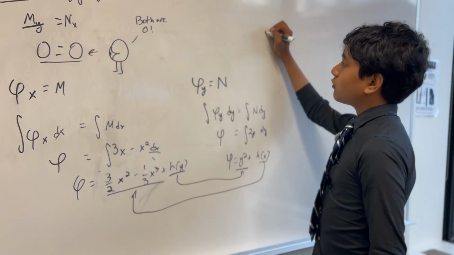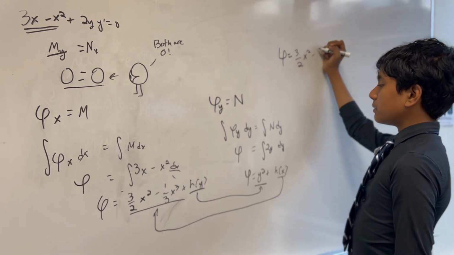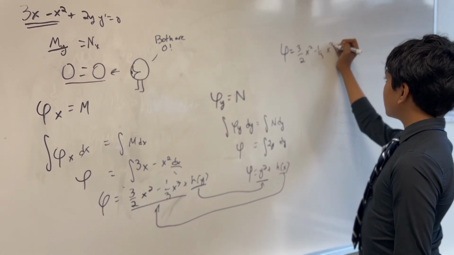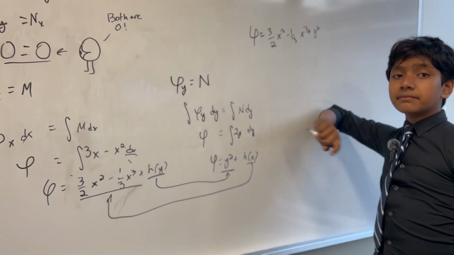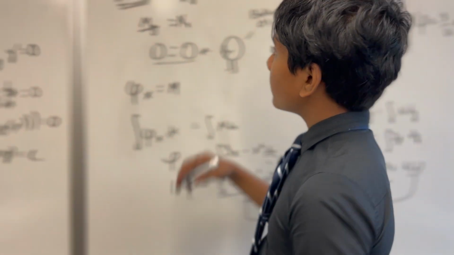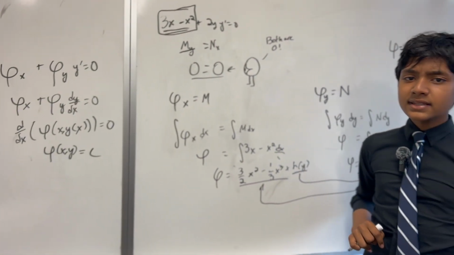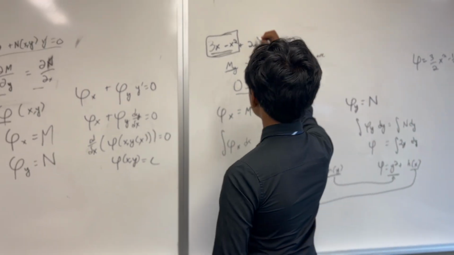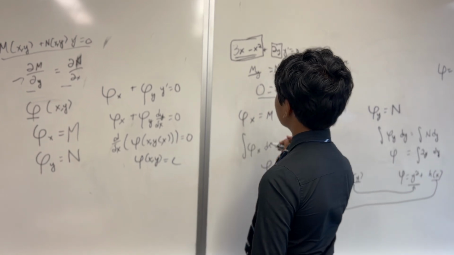So that means our full formula is phi equal to 3/2 x^2 - 1/3 x^3 + y^2. But you guys have been bamboozled, because notice how this is simply a one variable function, and this is simply a one variable function.